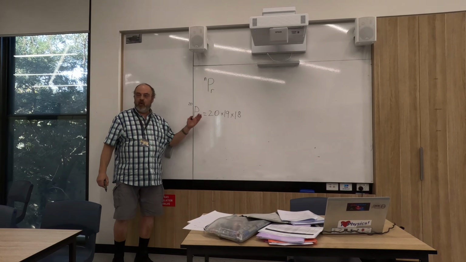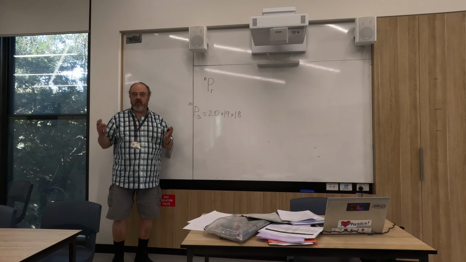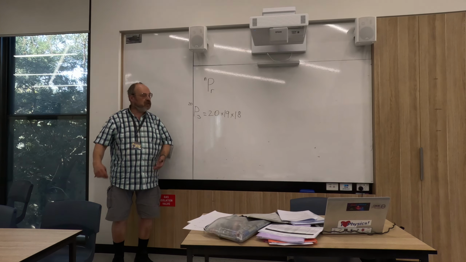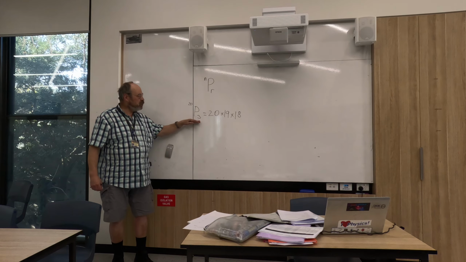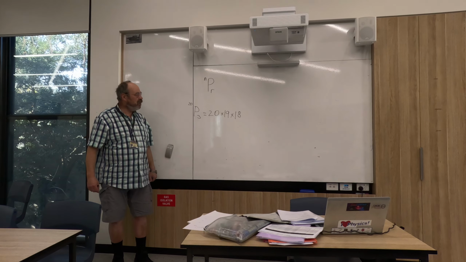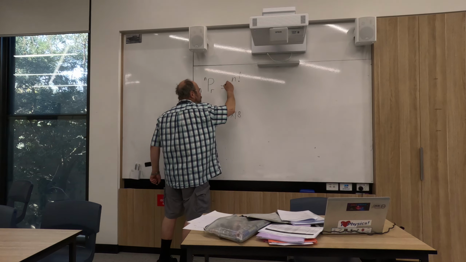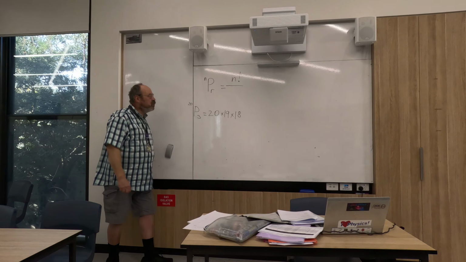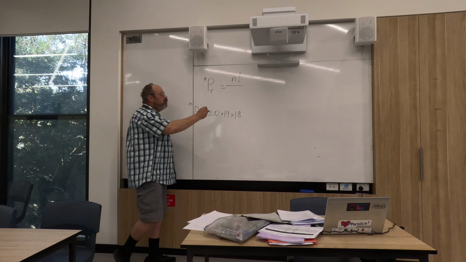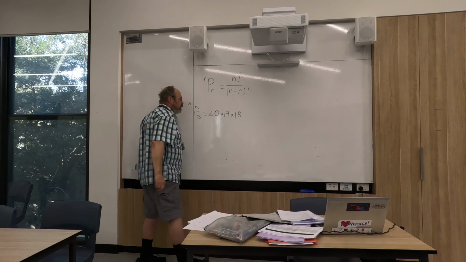Because order is important, it's not just a committee of 3 people, but one chairman, one secretary, one treasurer. So permutation is when order is important. The general formula is n factorial divided by n minus r factorial.